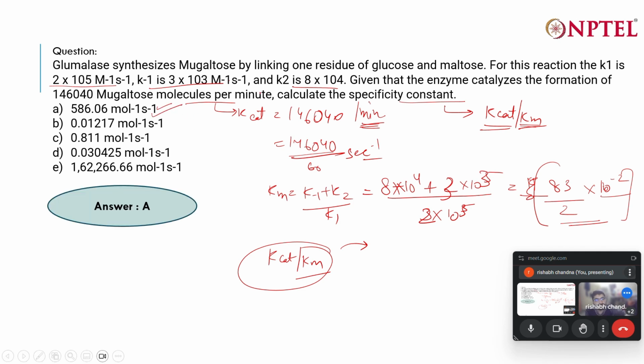So this would be answer A. I hope the concept is clear, how to calculate. Okay, is it fine? Shall we move forward? Okay.